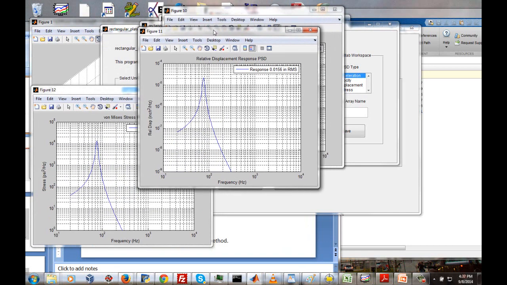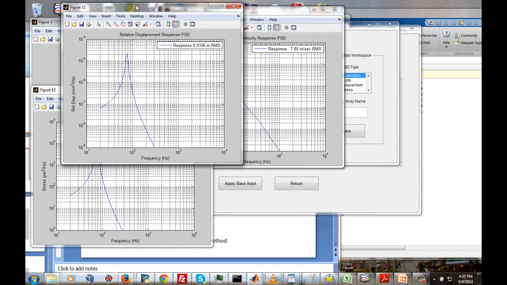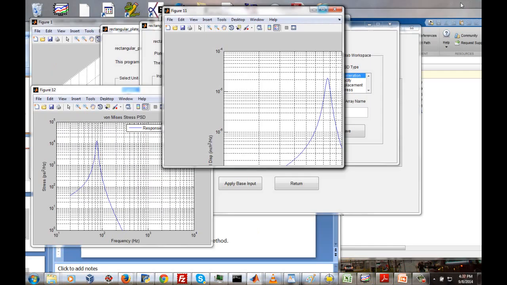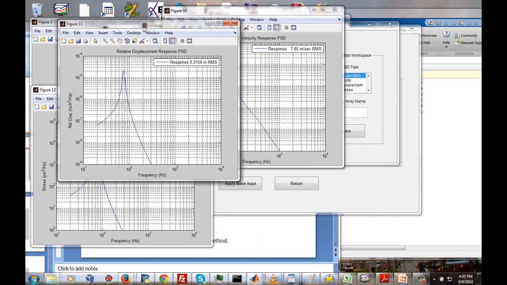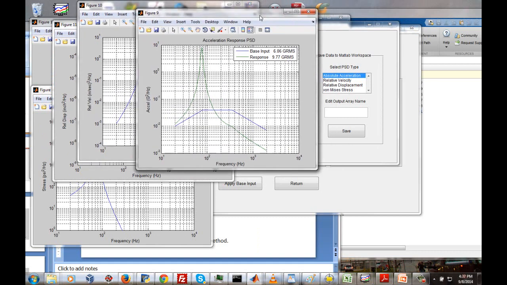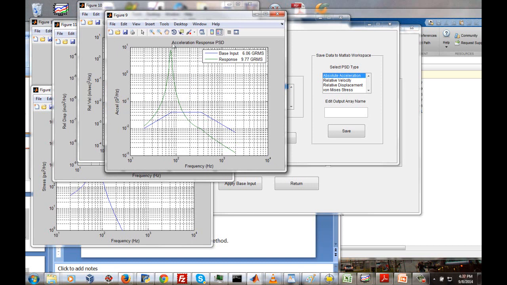We have a relative displacement PSD, inches squared per hertz versus frequency in hertz. We have a relative velocity PSD, inches per second squared per hertz versus frequency in hertz. We have our acceleration response PSD superimposed on the base input from the navmat.